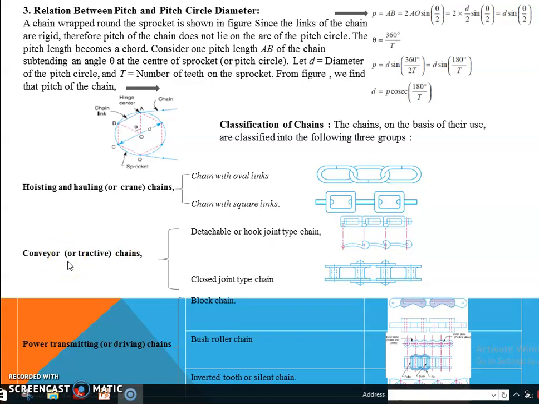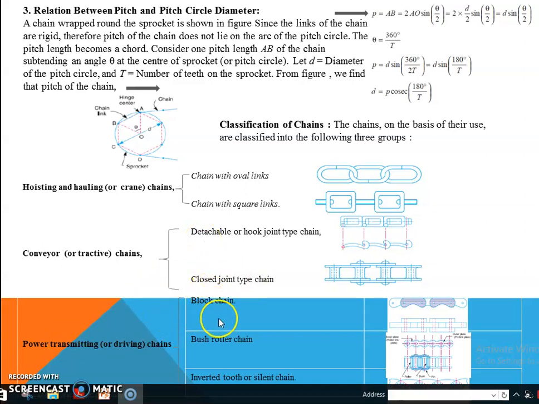Next, conveyor chains, that is detachable or hook joint type chain and closed joint type chain, are used for elevating and conveying the materials continuously.